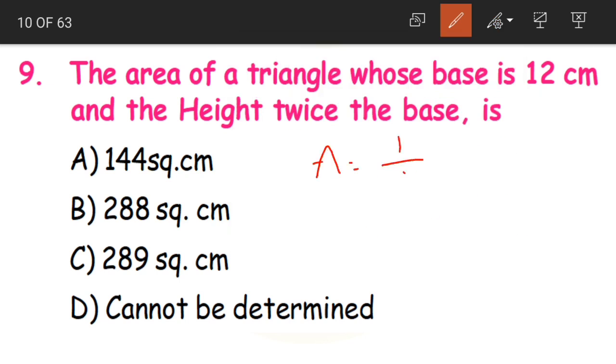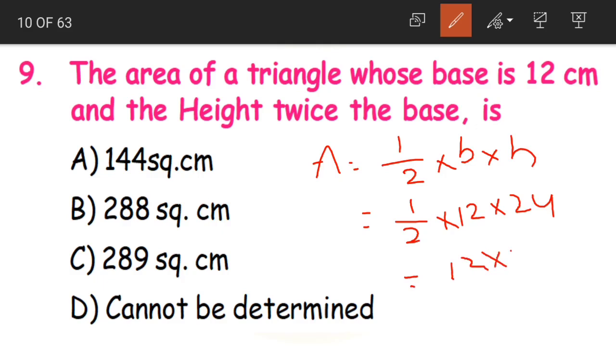Now area would be equal to 1 by 2 into B into H, which is 1 by 2 into 12 into 24. That is equal to 12 into 24 divided by 2. We have 2 ones are 2 and 2 12s are 24.